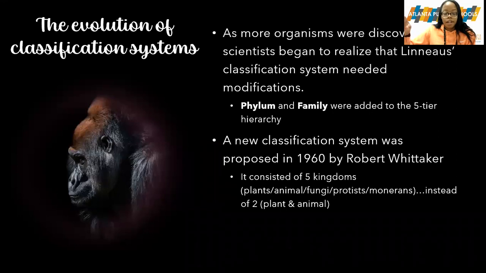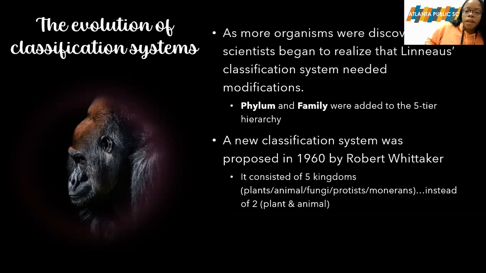Those 5 kingdoms would be plants, animal, fungi, protists, and what is known as monorans. Now that last one might not be too familiar to you all, and I will tell you on the next slide why that is, because it no longer exists on our modern day classification system.